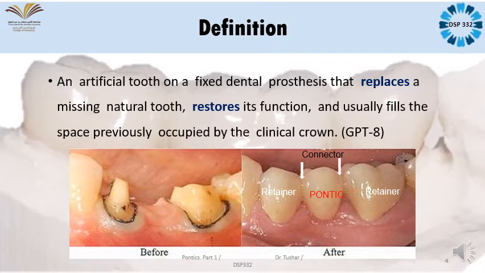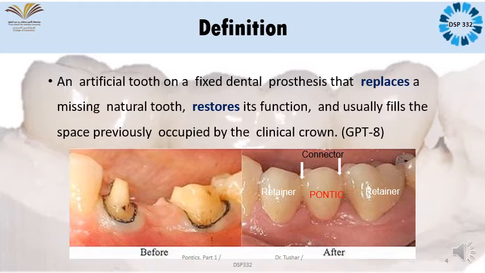So with the help of the artificial tooth, which is a part of your fixed partial denture, which is going to replace your missing natural tooth, that restores the function. That artificial tooth is going to restore the function of that missing tooth, and usually fills the space which was previously occupied by the clinical crown.